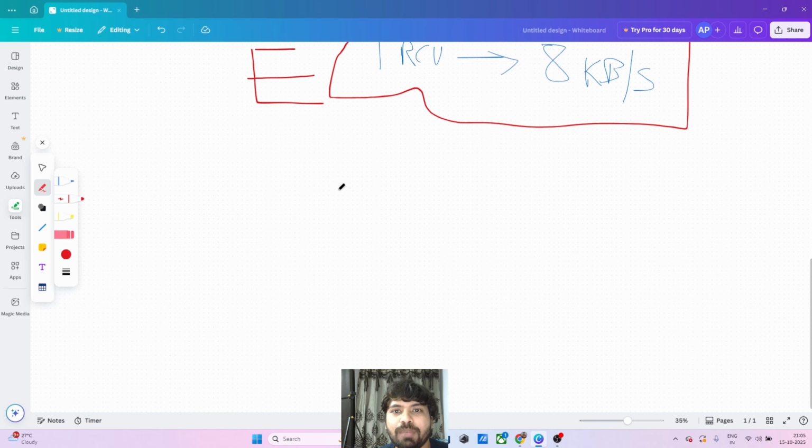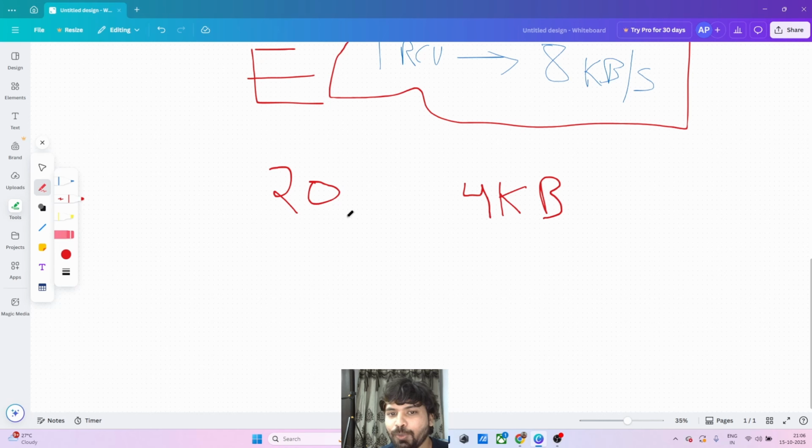Now let's look at an example of the calculation we would have to do in the developer examination. Let's say you are reading 20 items of 4 KB.